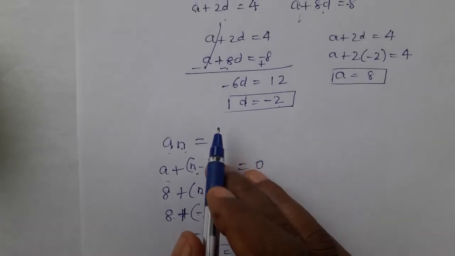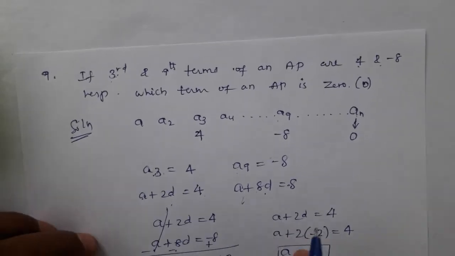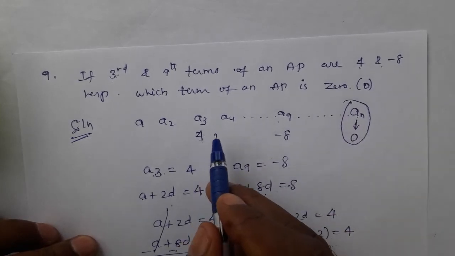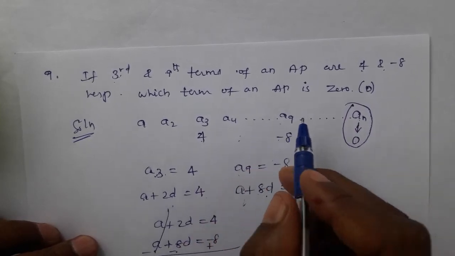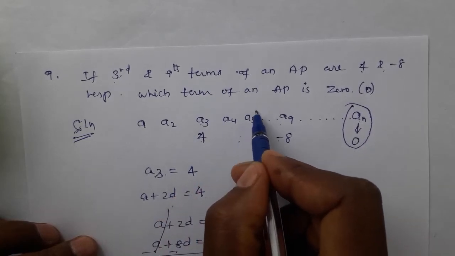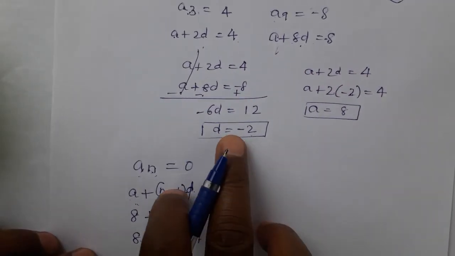That means which term is 0? Fifth term is 0. Actually, this A5 only becomes 0 because D is minus 2.